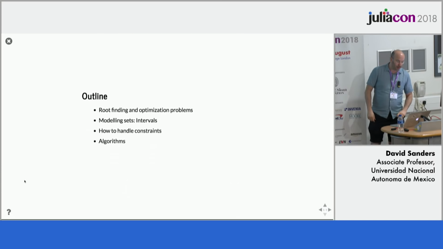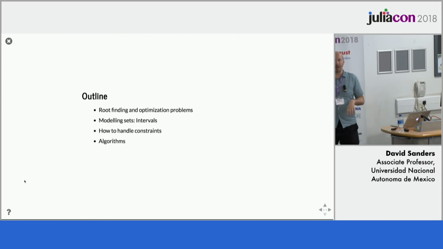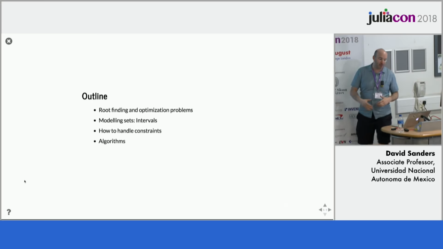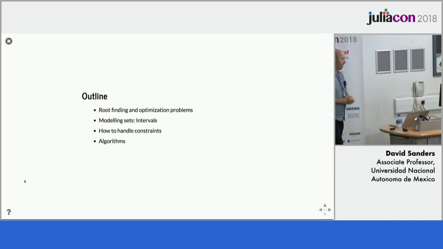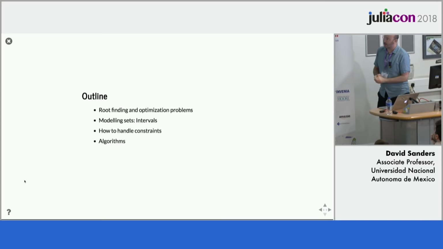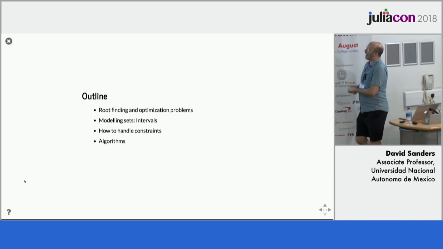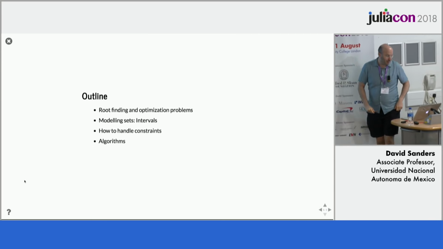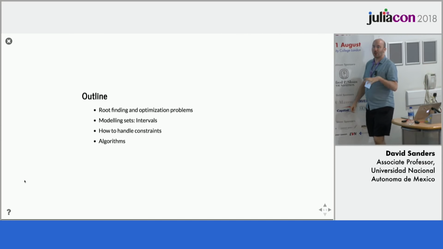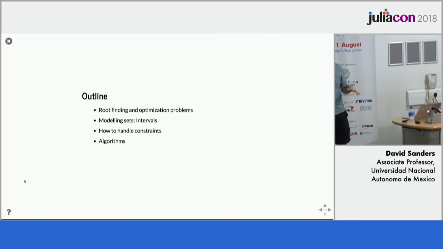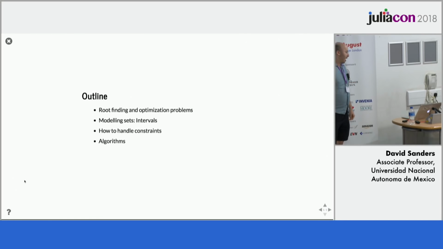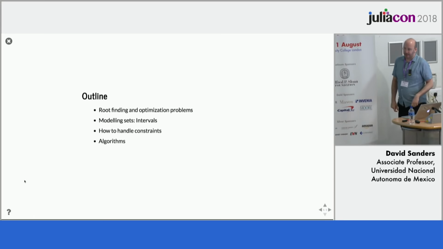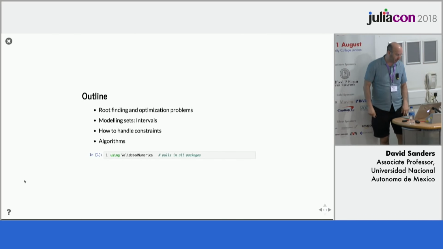I'm going to start off by showing some problems that would traditionally be thought of as being difficult in terms of root finding and optimization. We just saw some nice root finding, and I'll show some more. After showing what the packages can do, I'll go into how the underlying mathematics works, how to do this interval arithmetic, how to handle constraints, and some algorithms that we actually use.